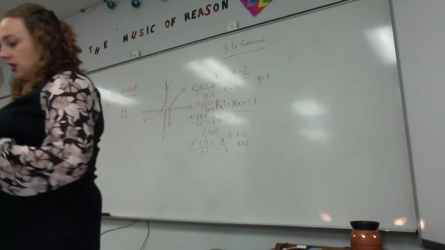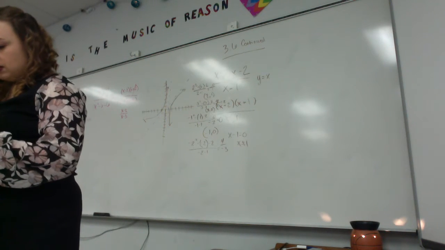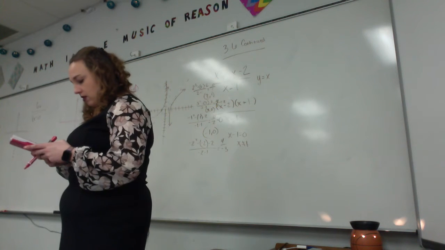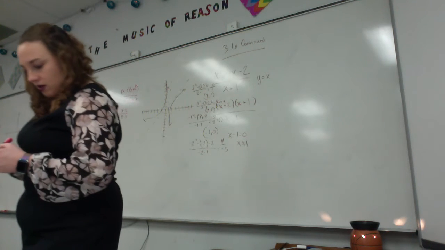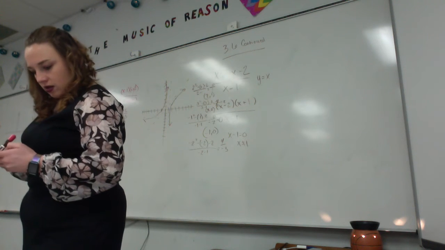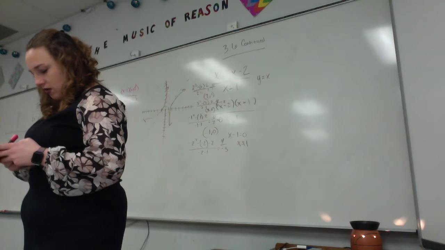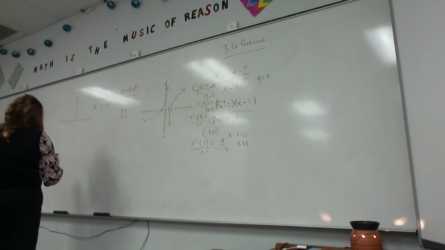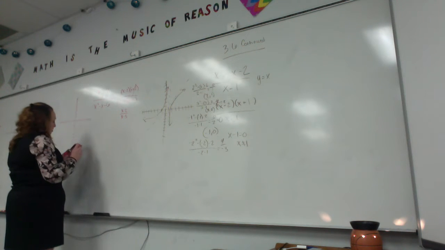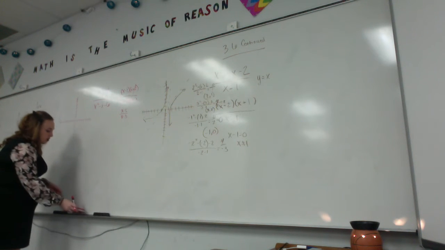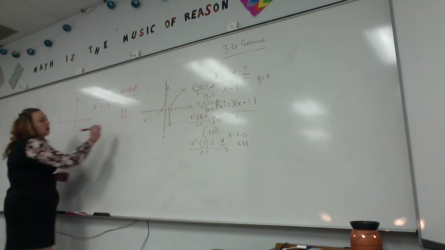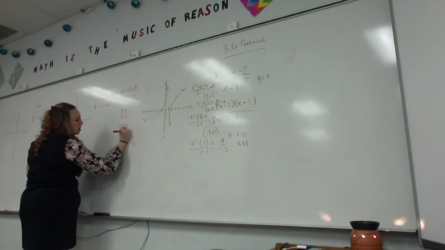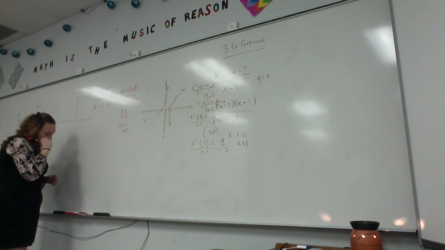Which allows me to then start to solve some stuff. So then I can set this bottom equal to 0, which is x minus 3 equals 0. So x cannot equal 3, correct?